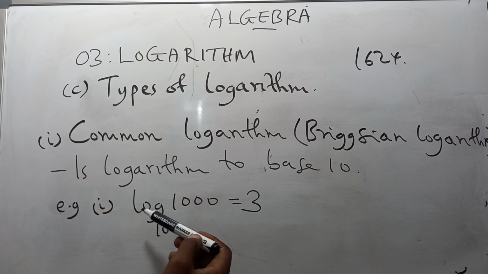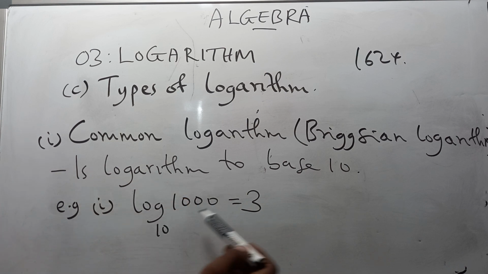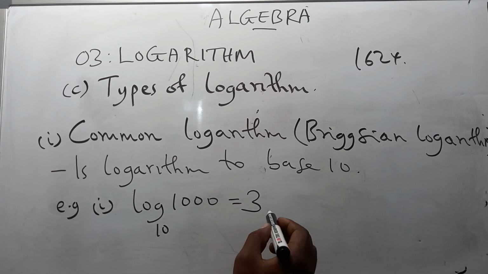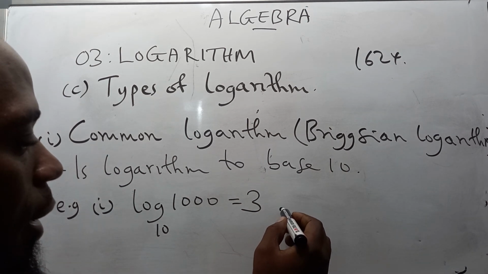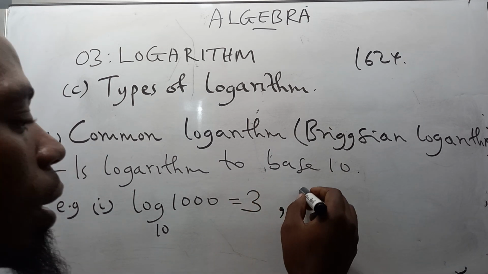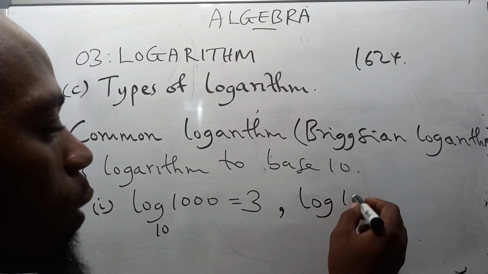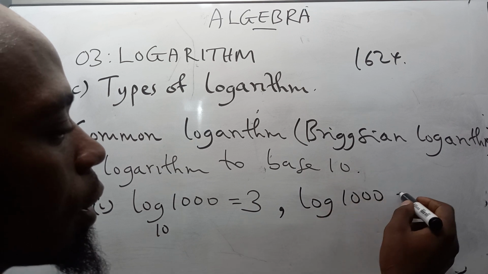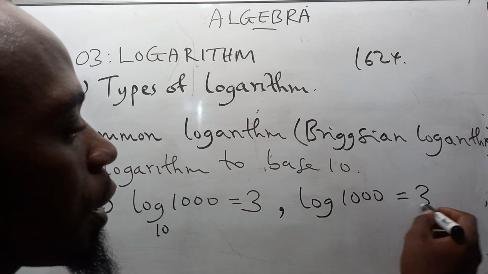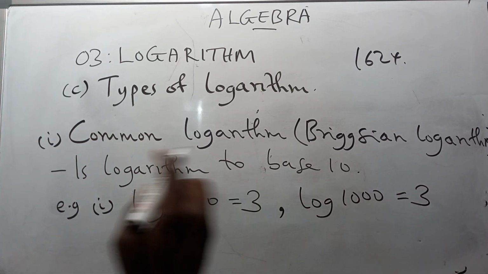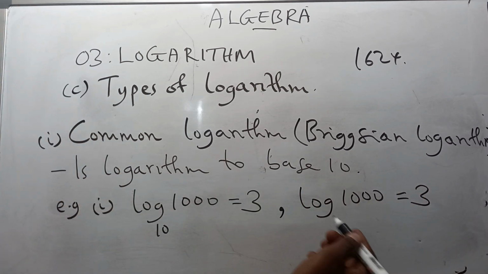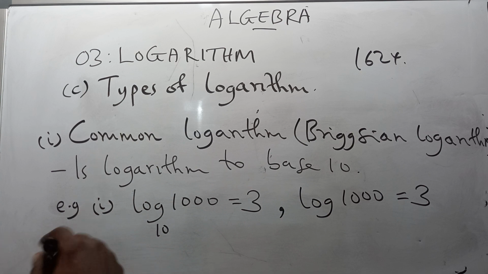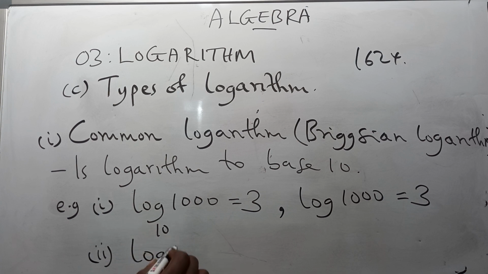Log of 1000 to base 10 is equal to 3. You can write it also as log of 1000 is equal to 3 without writing base 10. This is a common feature for common logarithm. As well, you can write log of 100 is equal to 2.